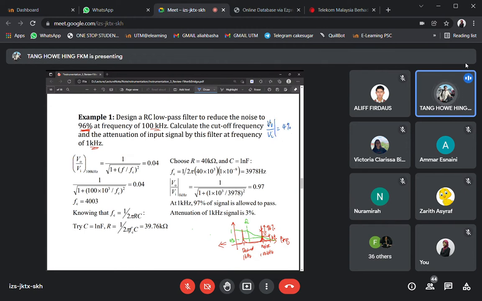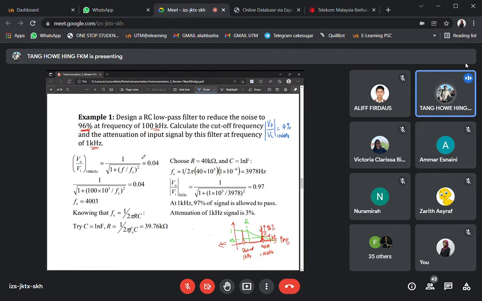This is at the noise frequency, which is 100 kilohertz. At 100 kilohertz, only 4% is allowed to go through, because it's VR divided by VI. So when VI is 1 volt, VR has to be 4%. That is the meaning.